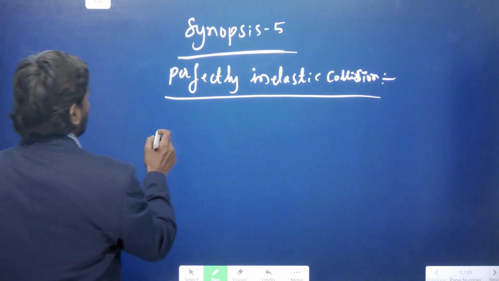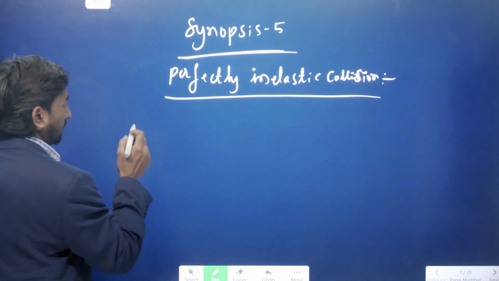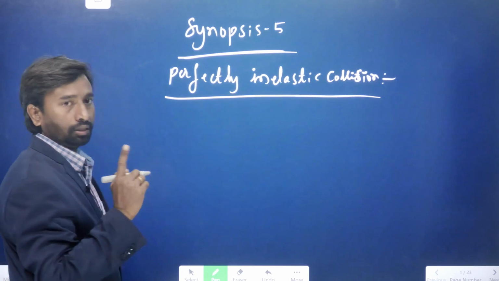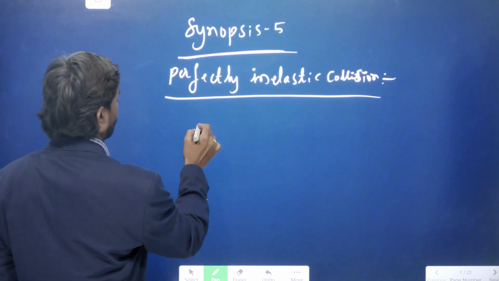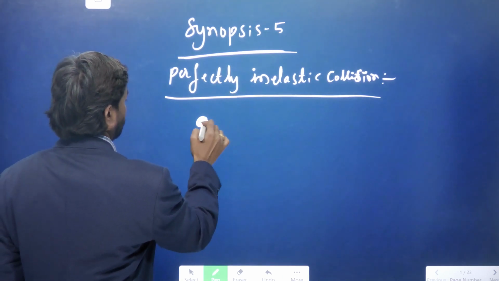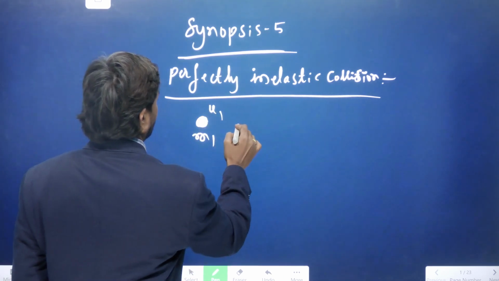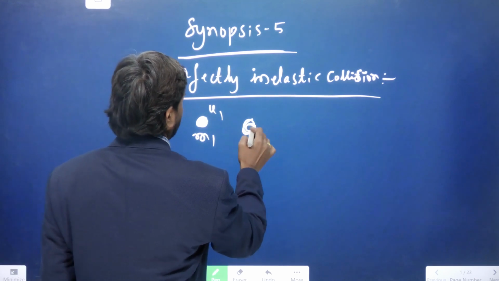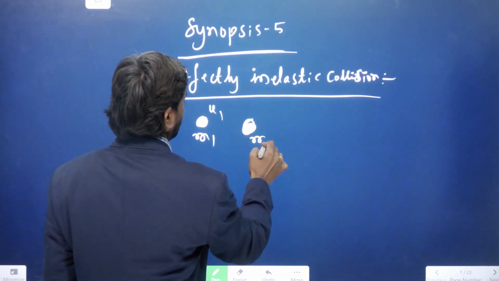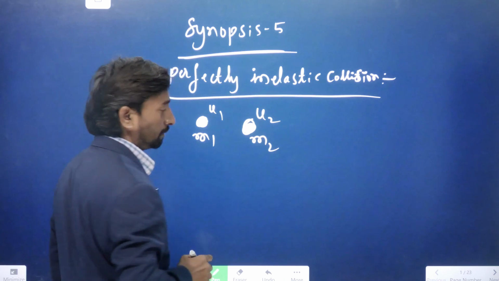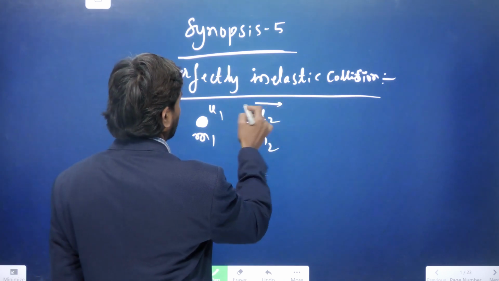In an inelastic collision, only the linear momentum is conserved. Before collision, one body has mass m1 and initial velocity u1, and another body has mass m2 and velocity u2, moving in the same direction.